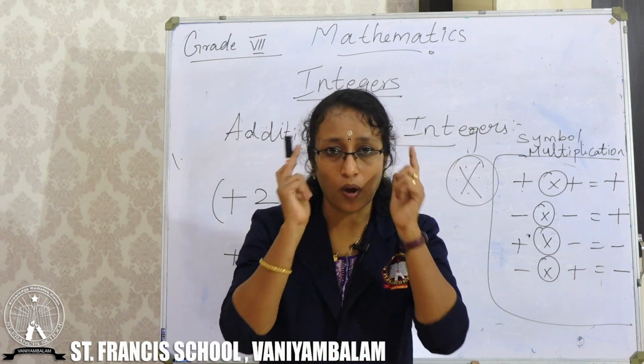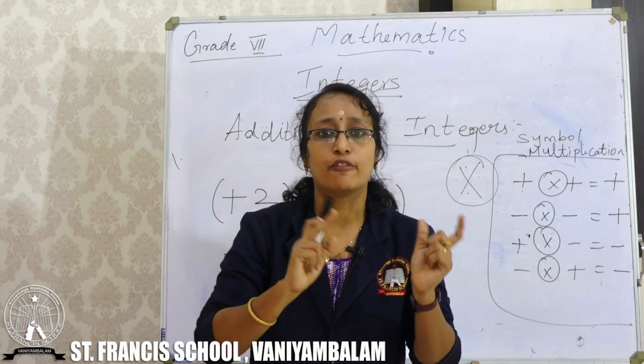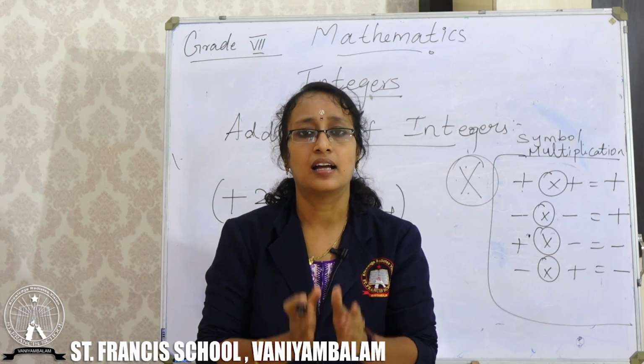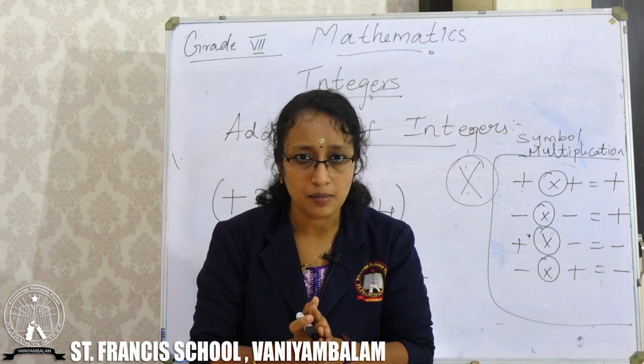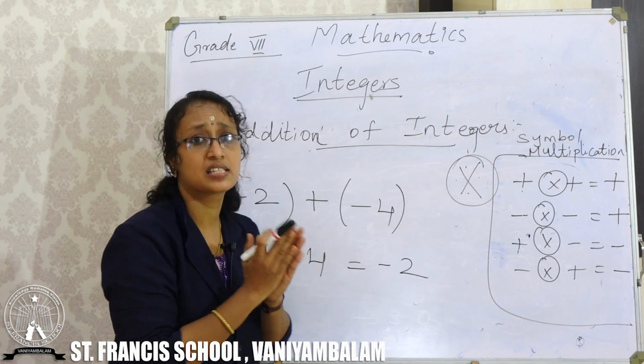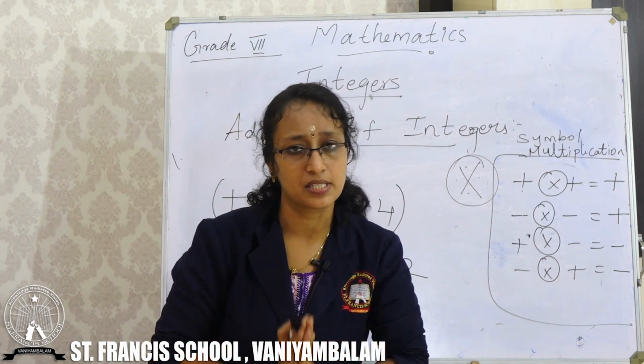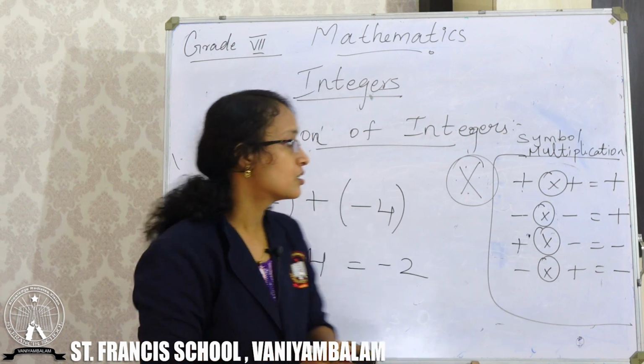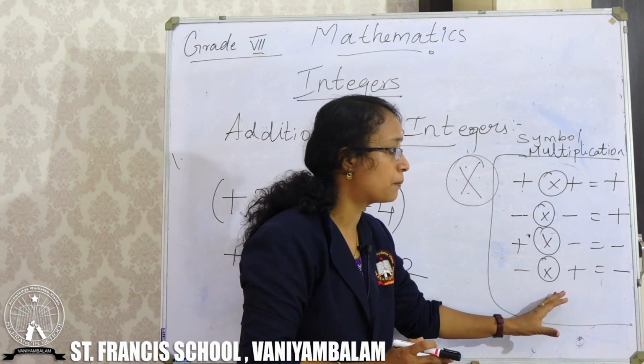So, remember one thing, that if you add the same symbol, add it and put the greater number symbol. If you are adding different symbols, subtract it and put the greater number symbol. Got it?